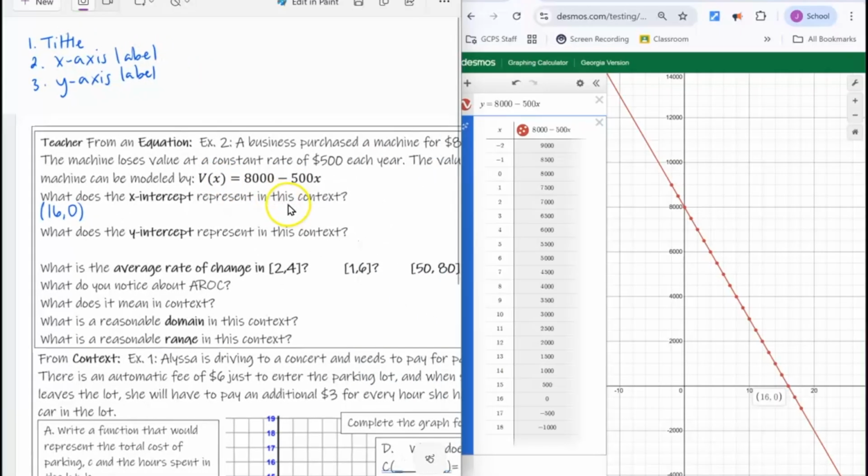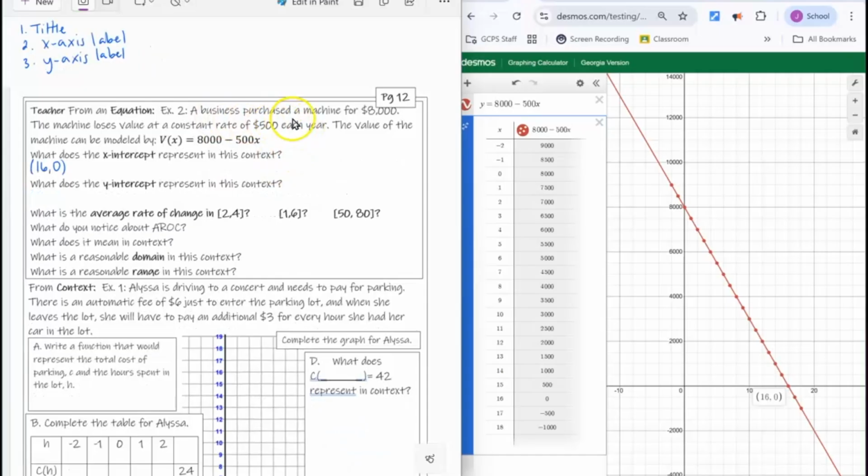So this title is about machinery. So a business purchased machinery, and as time goes by, it's losing value. So I'm going to go ahead and write down for me what my title is. Machine worth. And then the X label is time, but what is it? Year, minutes, what is it?